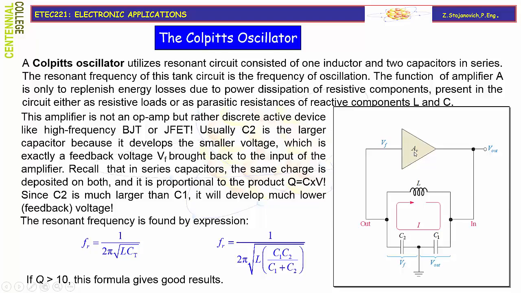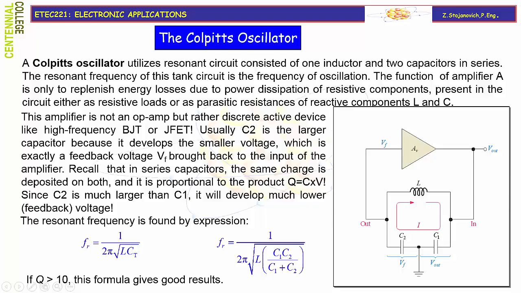Recall that in series capacitors, the same charge is deposited on both, and it is proportional to the product C times V, capacitance times voltage across the capacitor. Since capacitance C2 is much larger than C1, it will develop much lower feedback voltage.